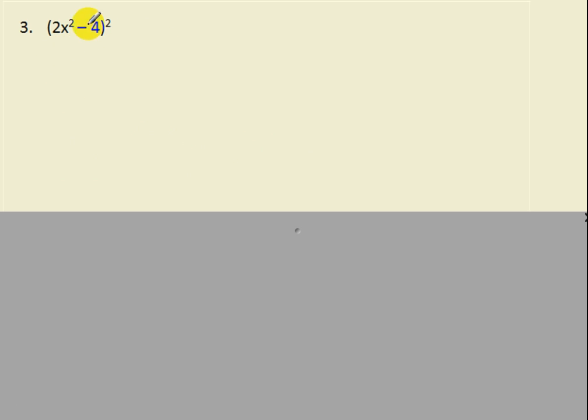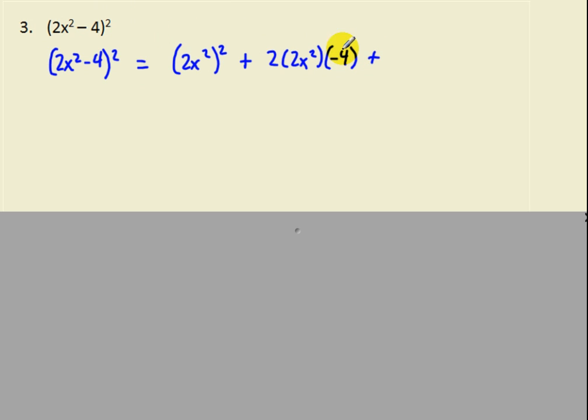Okay, number 3. Same idea here, where I'll rewrite this first, but we're going to square the first term. So this is equal to (2x squared) squared. Now notice the difference here is that we have x squared rather than x inside the parentheses, but that's okay. And then plus 2 times 2x squared times negative 4, plus that last term squared, so plus 4 squared.